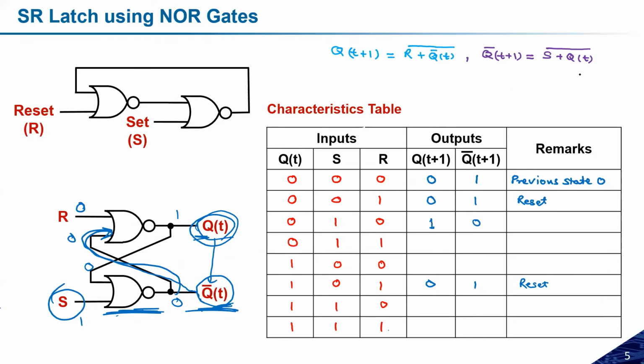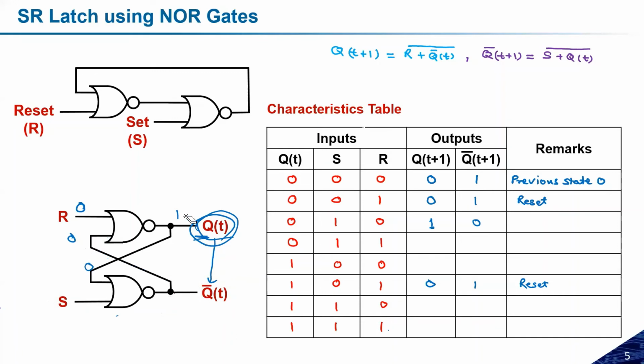So based on this formula, it looks like both of these should be 0, but that is not possible because both are complementary in nature. If both are complementary in nature and they are not following that complementary property, it is because we have changed the state of the second NOR gate.